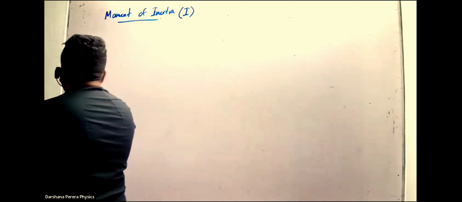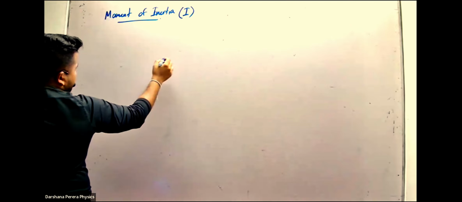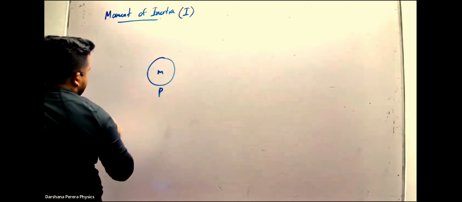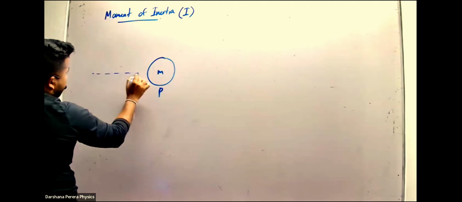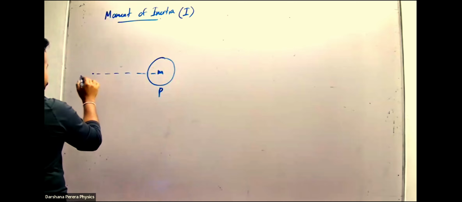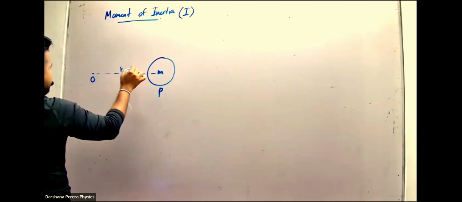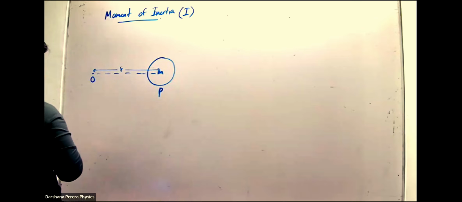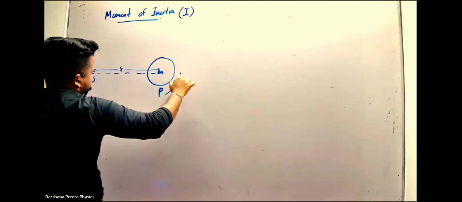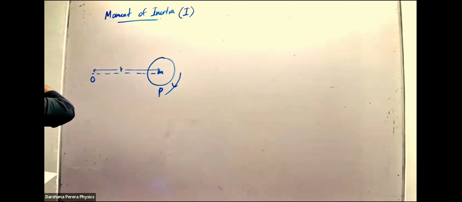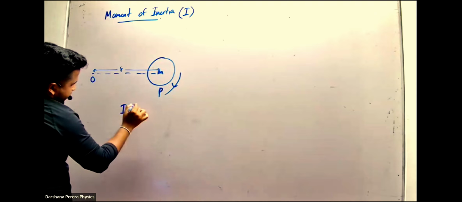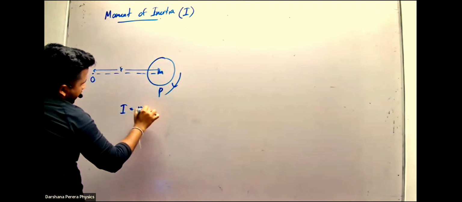Okay. What is the moment of inertia? Let's take a particle P of simple mass m, and it rotates with radius r from the center O. We can simply say the moment of inertia I equals mr square.